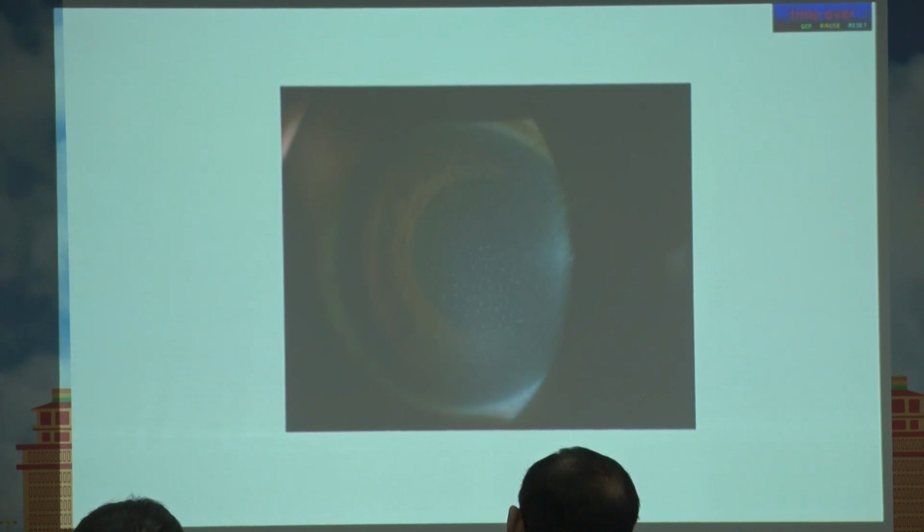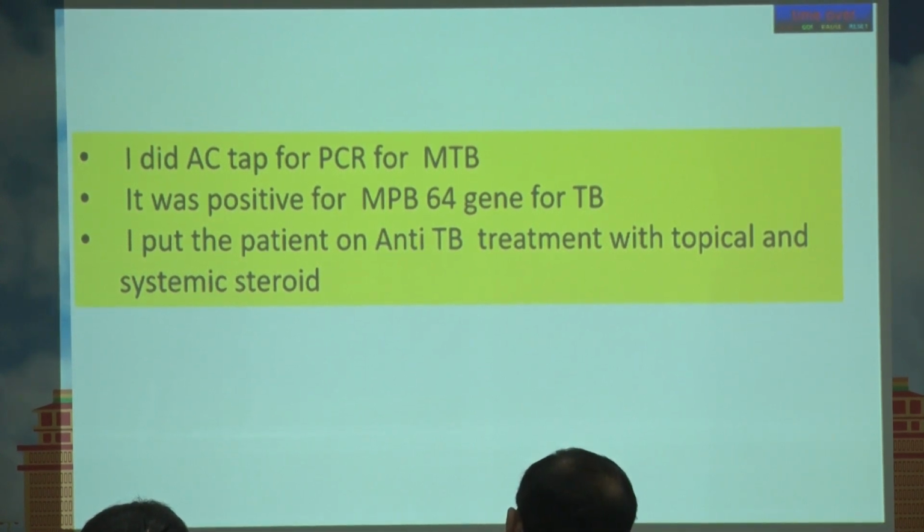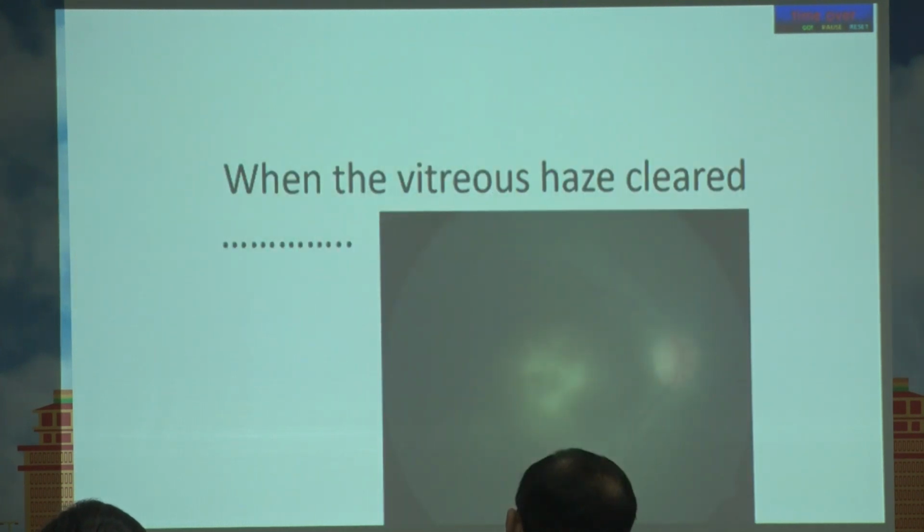And at the earliest opportunity when I looked at the fundus, I did an AC tap for PCR for MTB, thinking of TB, and it came positive for the MPB64 gene for TB. I put the patient on anti-TB treatment with topical and systemic steroid. And what happened, when the media cleared, I found it was not TB. It's a toxo lesion sitting over there.